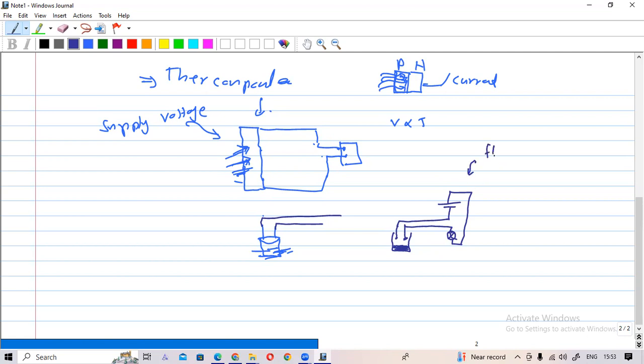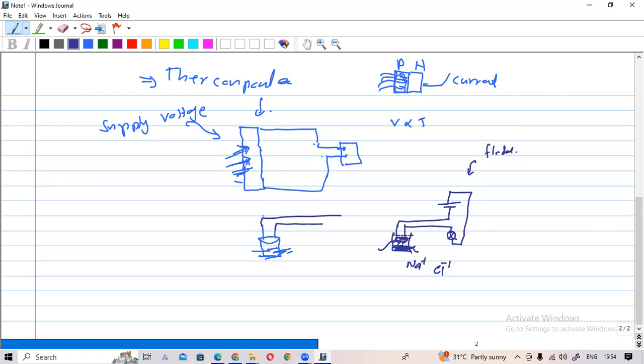With this kind of setup, maybe I can sense the flood. How? When water is filling up to here, you can see some salt is there. Salt has plus and minus ions, so this is a conducting fluid.